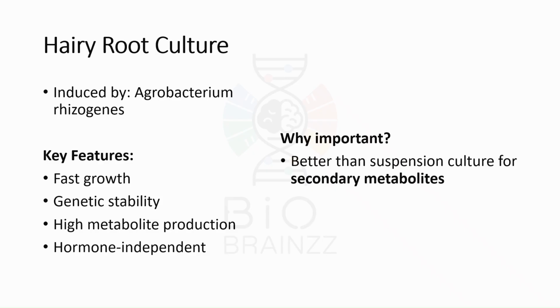Hairy roots are very useful because they grow quickly, are genetically stable, and produce high amounts of secondary metabolites. That is why they are preferred over suspension cultures for metabolic production in many cases.